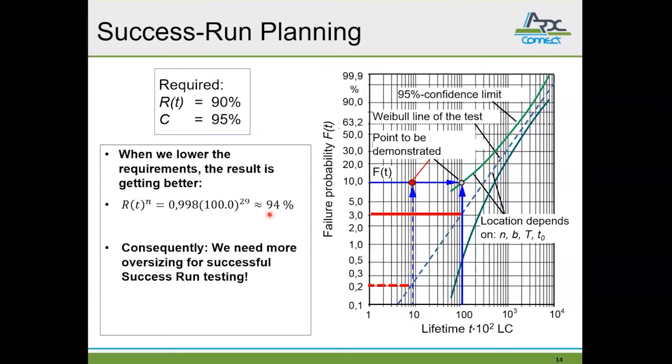So in this scenario, the chance of a successful reliability demonstration is quite high. But the other way around, this means that we need more oversizing for successful success run testing. So I think this is also not quite good for you in product development.